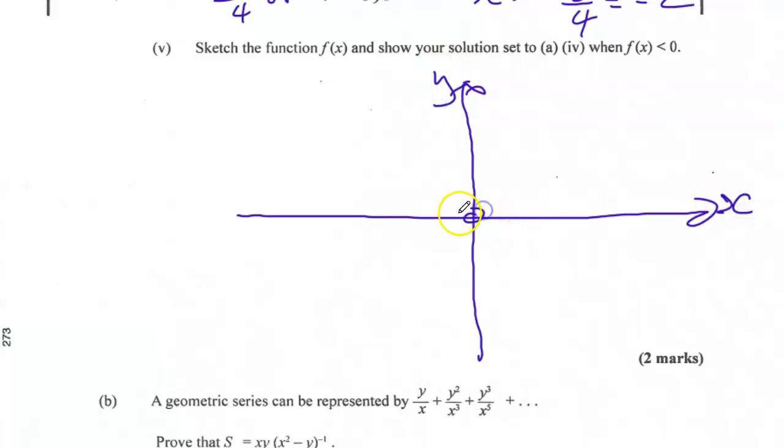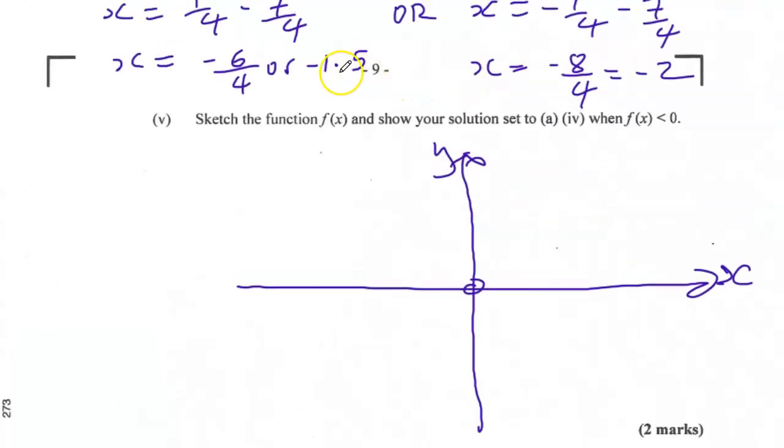So it's going to have a maximum. So the graph cuts the x-axis at negative 1.5 and negative 2. So I put negative 1 here, negative 2 here. You cut it at negative 1.5 and negative 2, that's where you cut the x-axis.